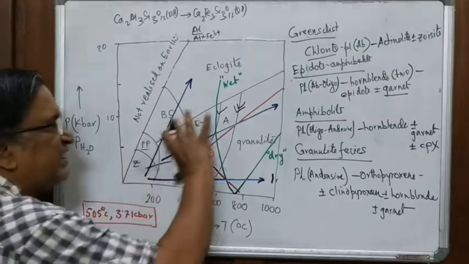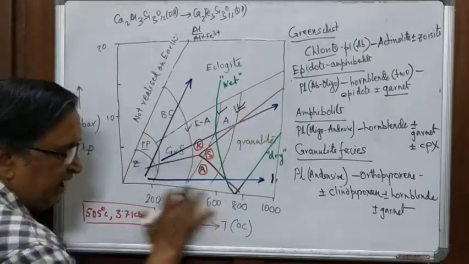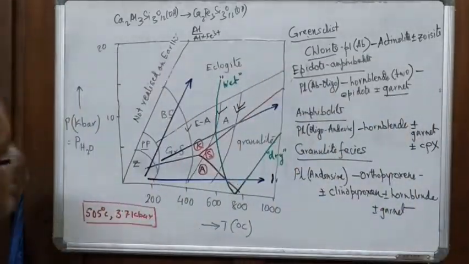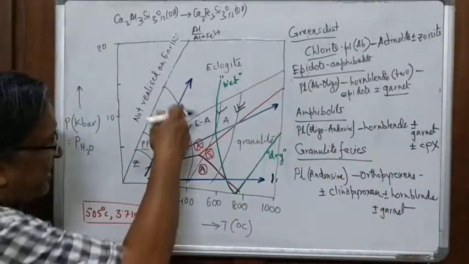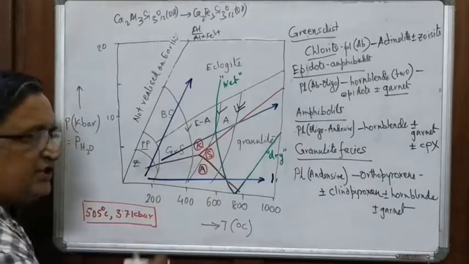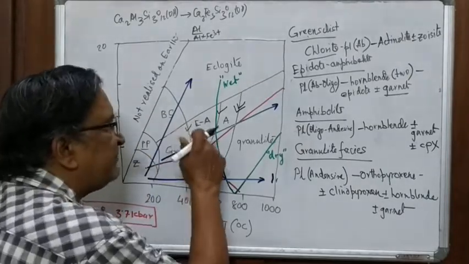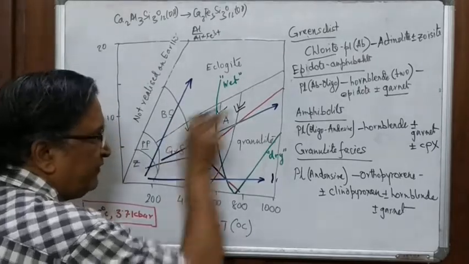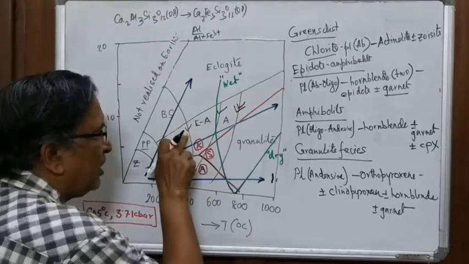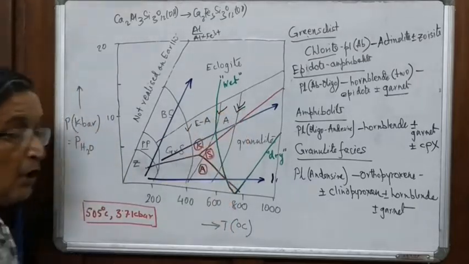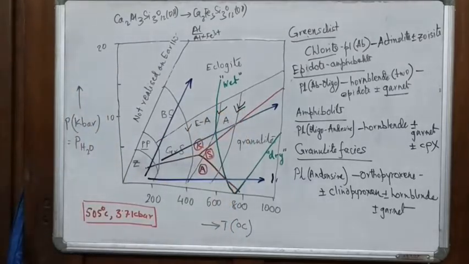We will study these boundaries one after the other, right? But first, so you can understand, the reaction boundaries and phase boundaries are designated for something here. If you go up pressure: chlorite out, epidote out, orthopyroxene in. That's very important.